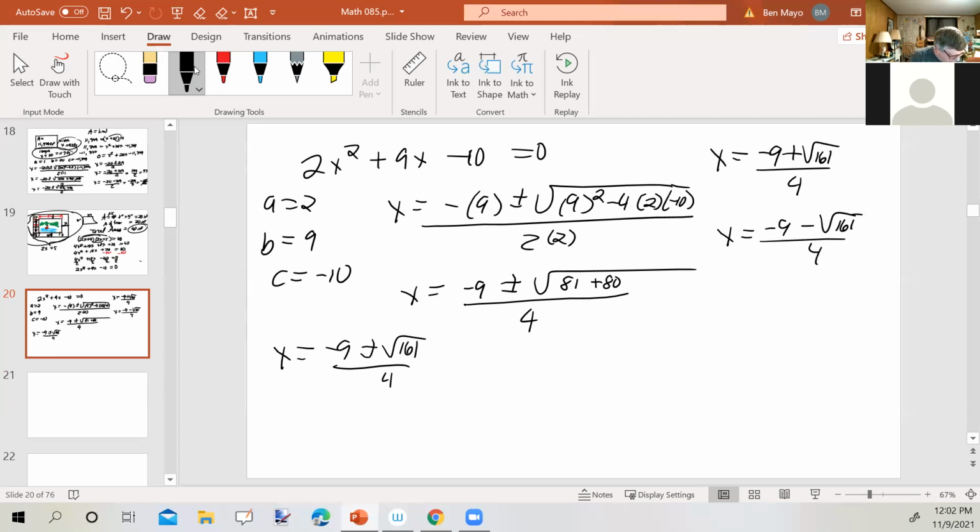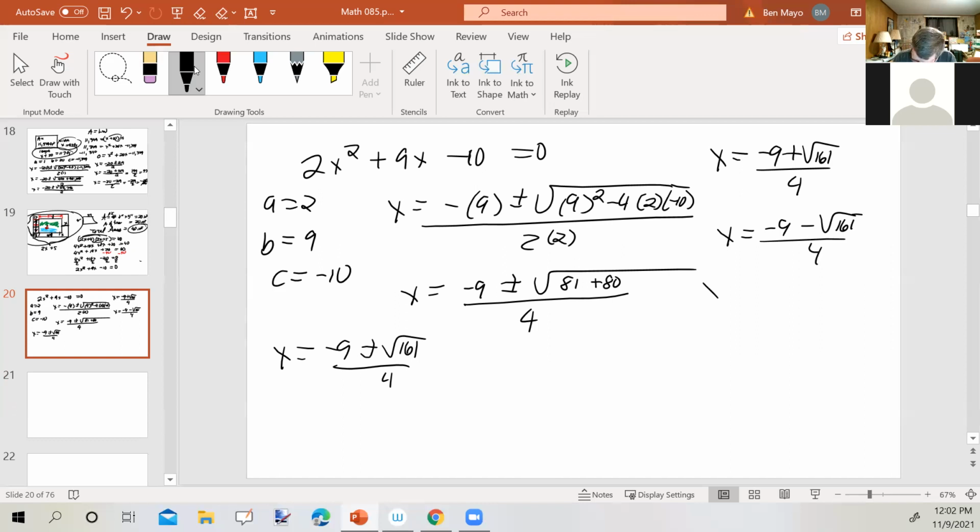Now, the original question said, how wide is the matting if its area equals the area of the picture? Round to the nearest hundredth of an inch. That was a clue right off the bat that the numbers weren't going to come out nice.